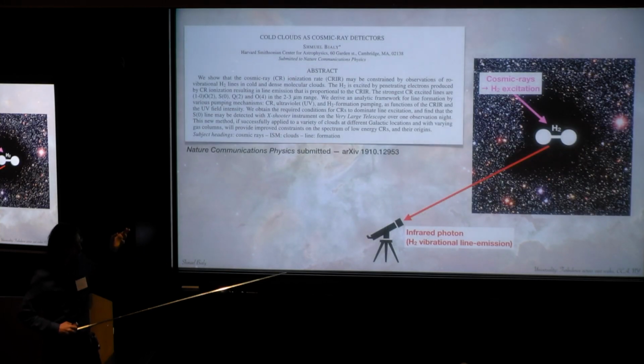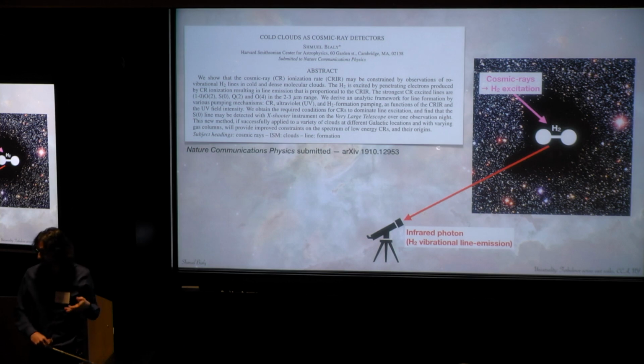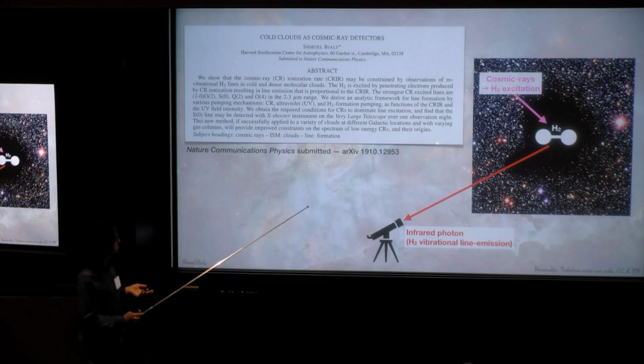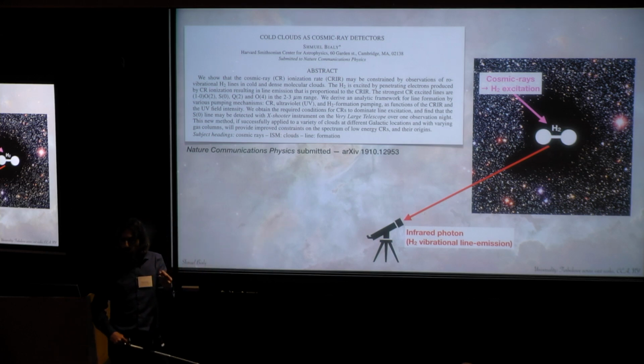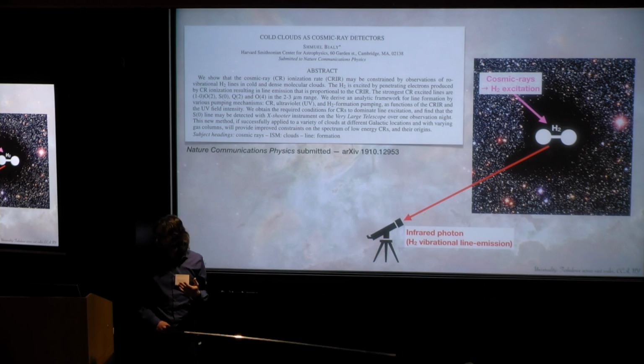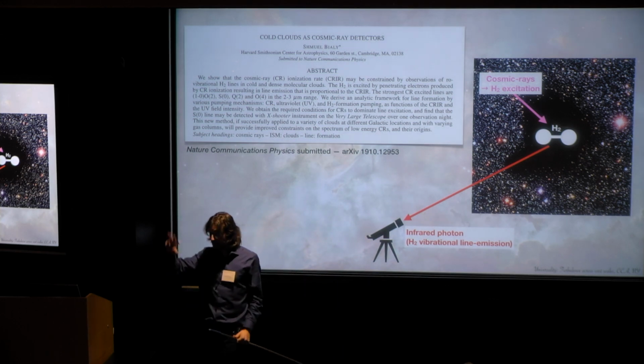And recently I proposed such a new method, still to be explored in observations. The idea is to use H2, molecular hydrogen, which is the main constituent of the gas in molecular clouds, as a probe of cosmic rays. Cosmic rays come, hit an H2 molecule, and excite it.